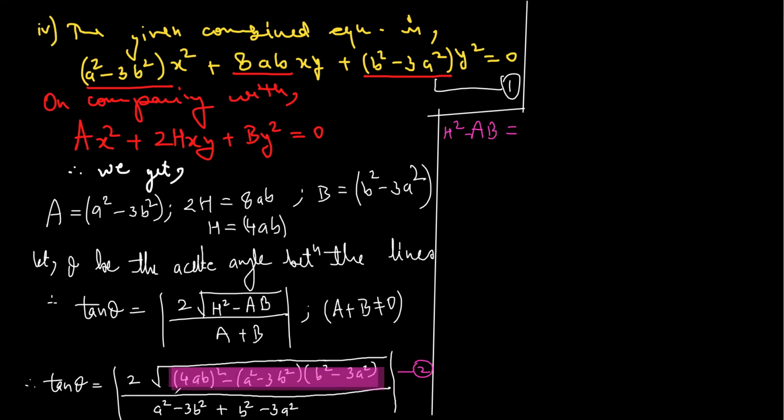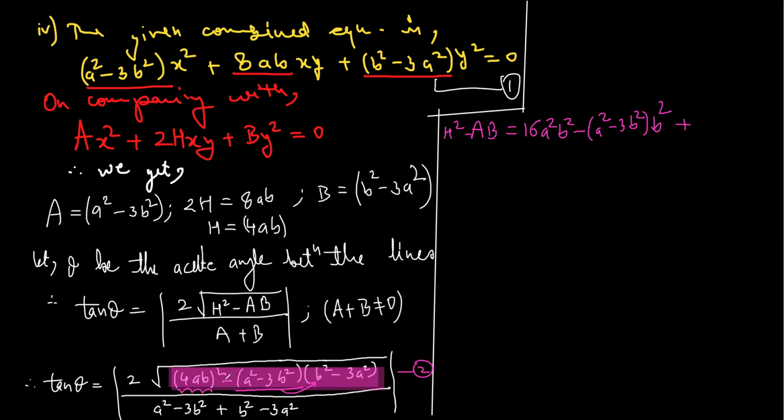H square minus AB. See here. What is H square? 16 a square b square minus AB. Now multiply this. So here you have minus. You are multiplying this bracket with b square, so you have minus a square minus 3b square into b square plus. Why plus?